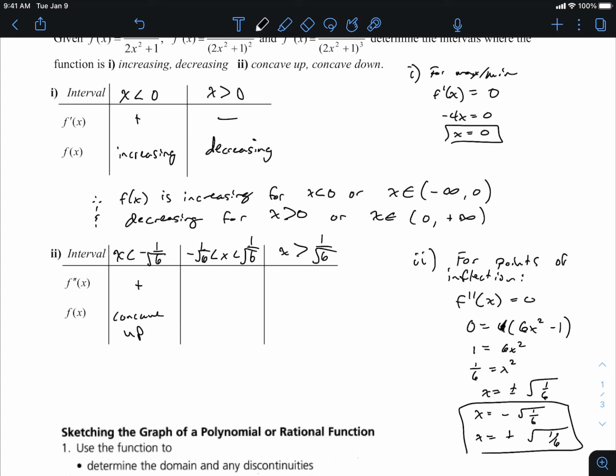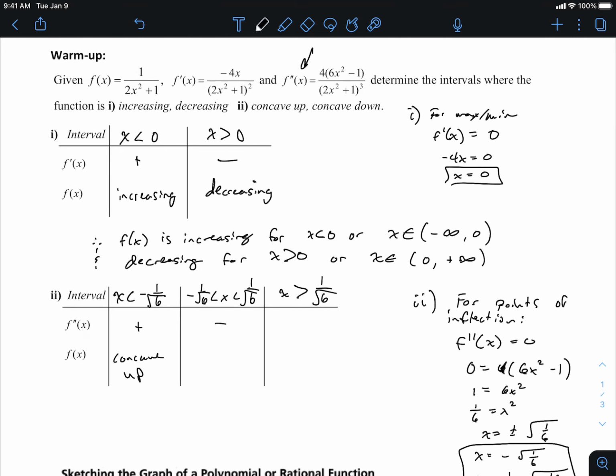And then for a value in between the 2 inflection points, I would see a negative. For instance, you could plug in 0, and I'd get negative 1 over 1. So it comes out negative, and so I get concave down.